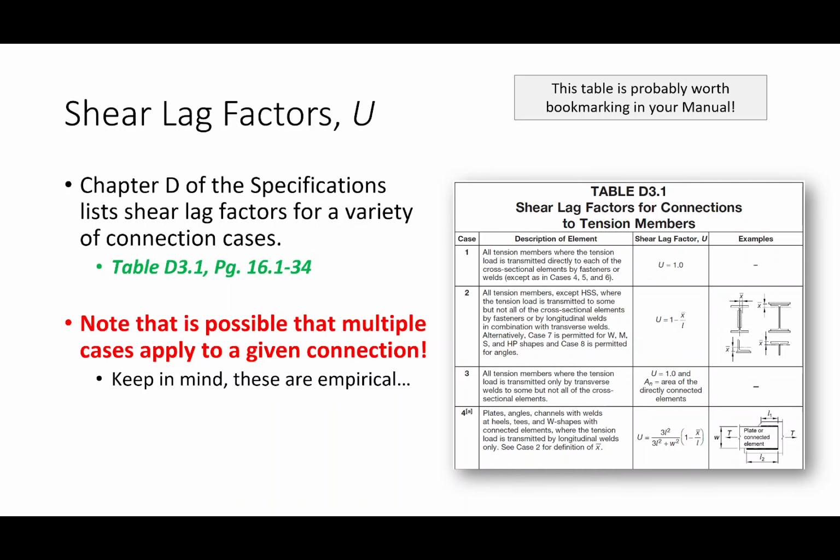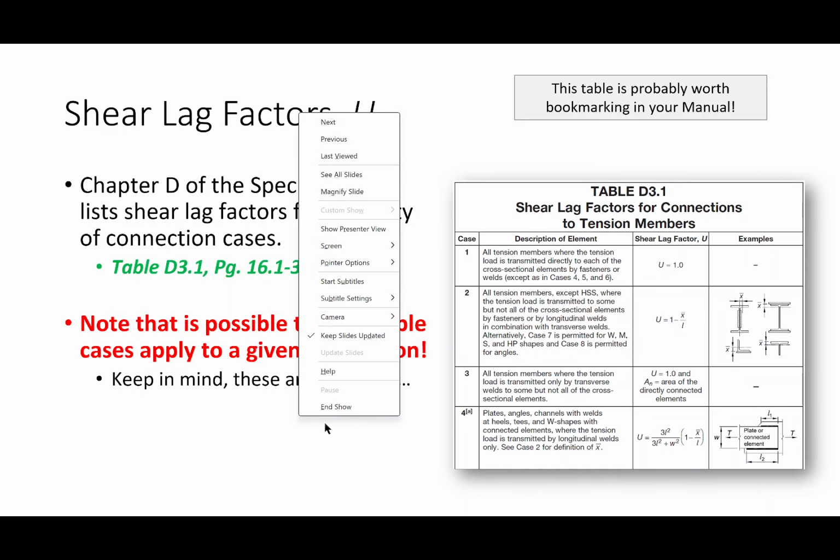If you're borrowing a manual from a friend, chances are they already tabbed this page. This would be a good bookmarking page in the manual. It's 16.1-34, right there in Chapter D. I would tab it because you will reference it not only on your homework, but in our first celebration of learning. I don't want to steal my own thunder on Monday.